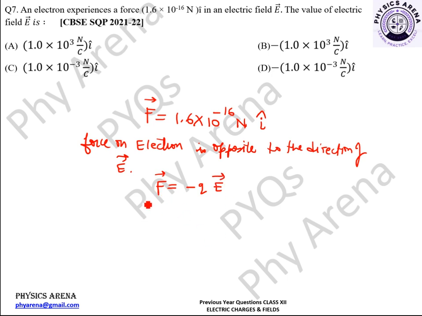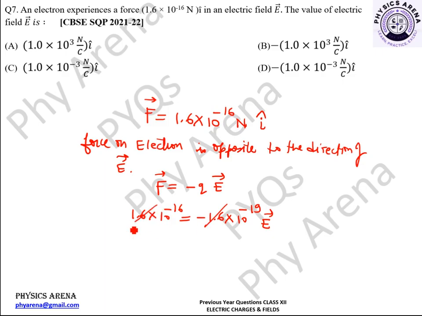So we can put the values. F is 1.6 multiplied by 10 to the power minus 16, that is equal to the charge on electron, 1.6 multiplied by 10 to the power minus 19 Coulomb, multiplied by E vector.